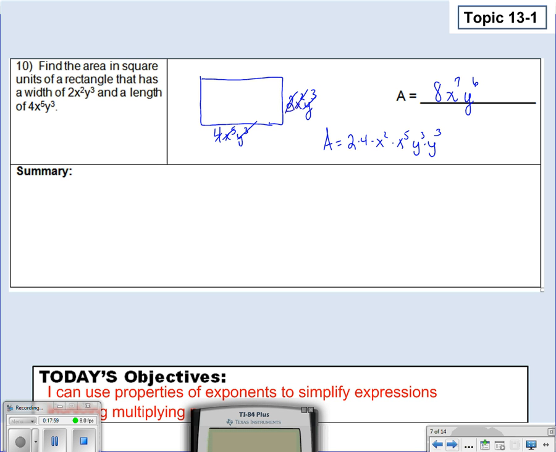So now summarizing, when we're given monomials that are multiplied together, the first thing we did was rewrite the expression, putting the numbers together. That's what we did in our last problem, put the numbers together and the like variables together.